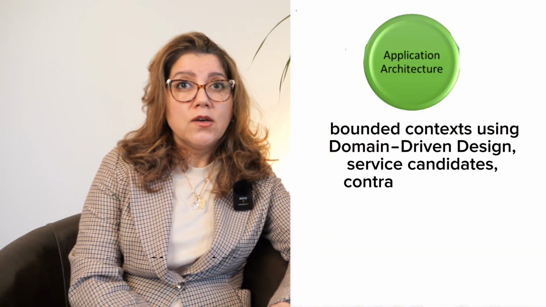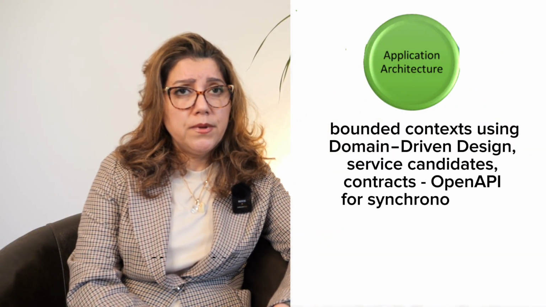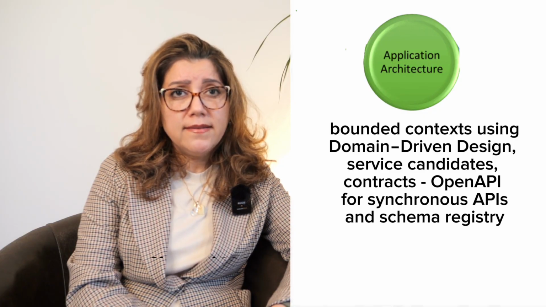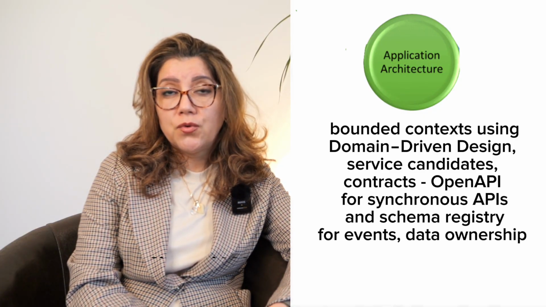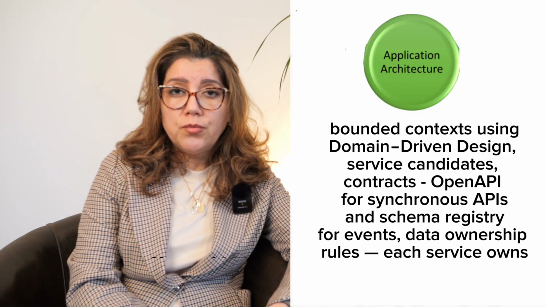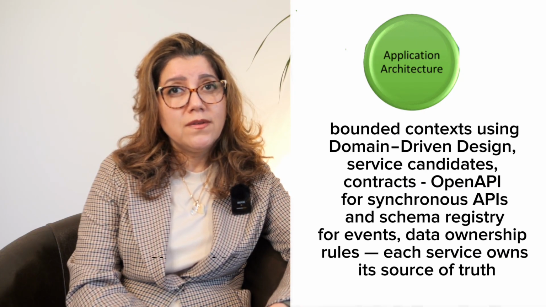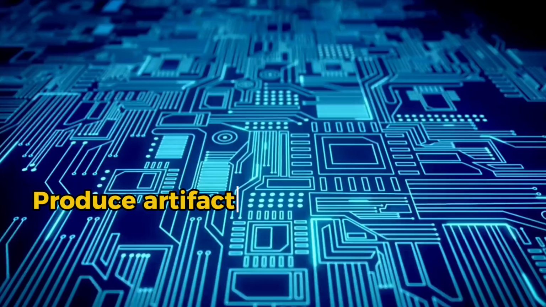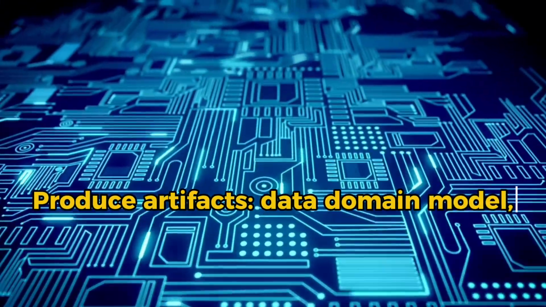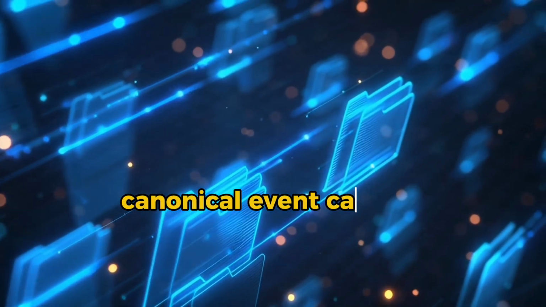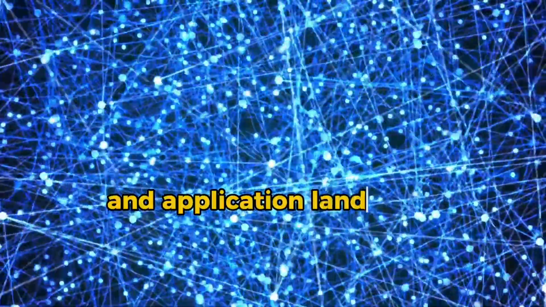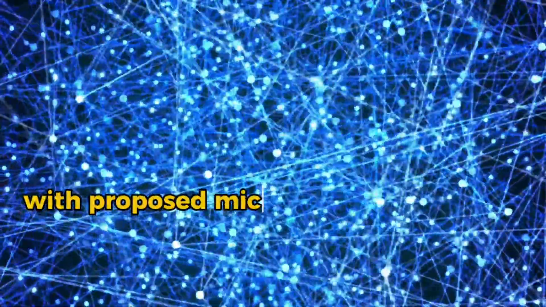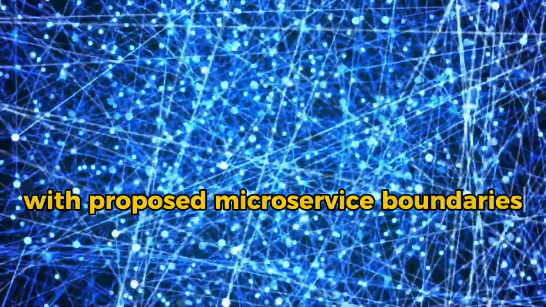Service candidates, contracts, OpenAPI for synchronous APIs, and a schema registry for events. Data ownership rules: each service owns its source of truth. Produce artifacts: data domain model, canonical event catalog, and an application landscape with proposed microservice boundaries.